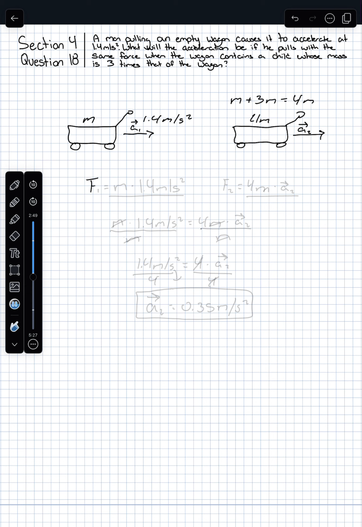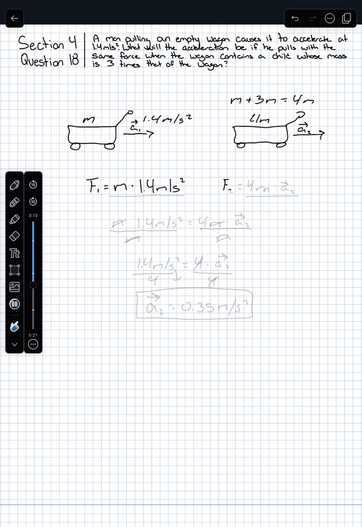All right. So we have the force 1, the first force here, and that is equal to the mass times the acceleration, which we already know is 1.4 meters per second squared.